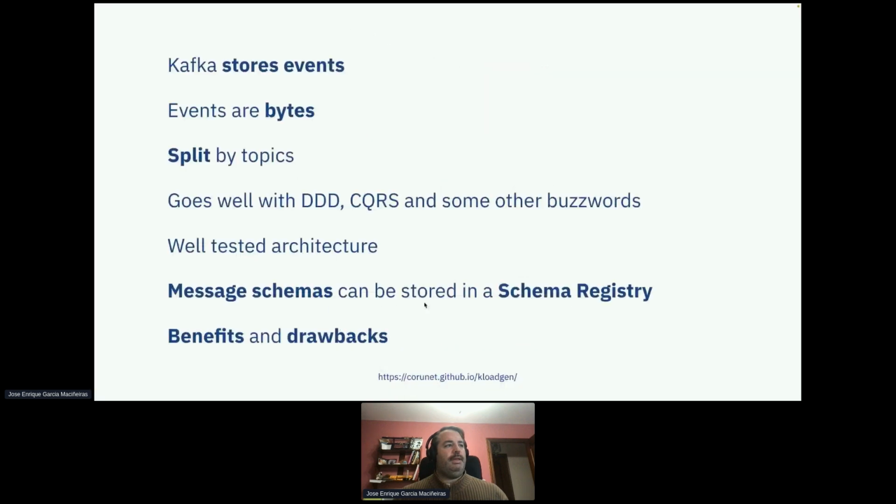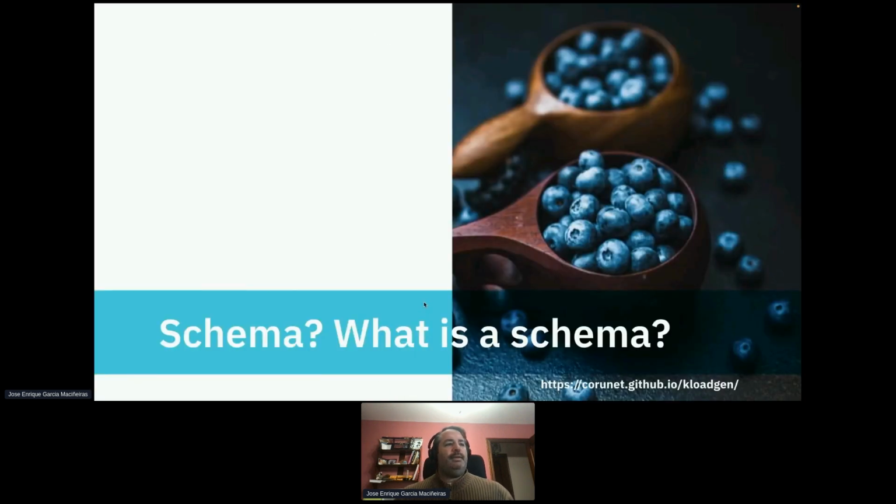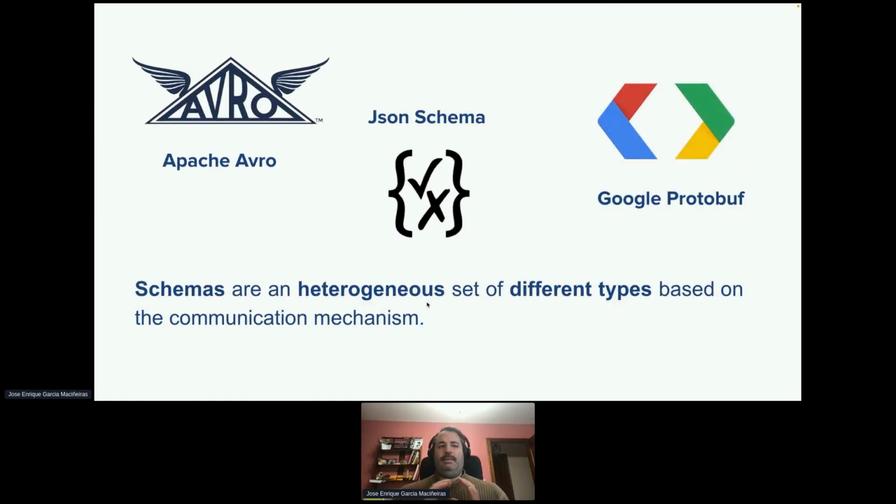So, let's define what a schema is. A schema is a set of different types based on the communication mechanisms. What does that mean? You define the structure of the information that you are sharing between one point and another.